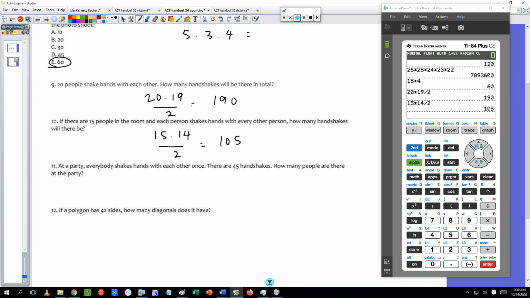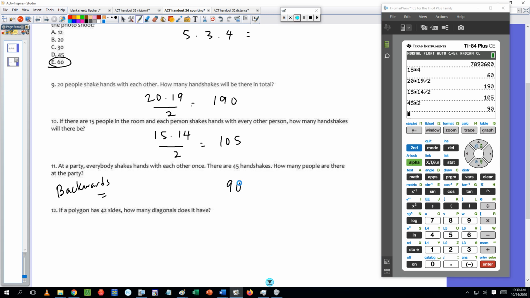At a party, everyone shakes hands with each other. There are 45 handshakes. So I'm going to have to work this one backwards. So remember how I got the 105? Remember how I got the 190? I took a number and I divided it by 2. So if 45 is my final answer, then that means I need to multiply that by 2, and that's the number I need to get to divide by 2.